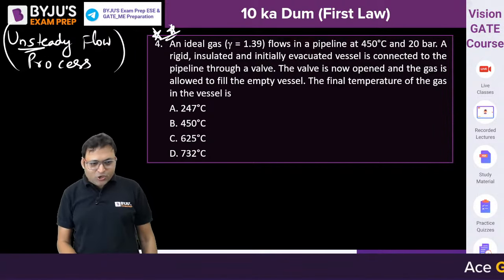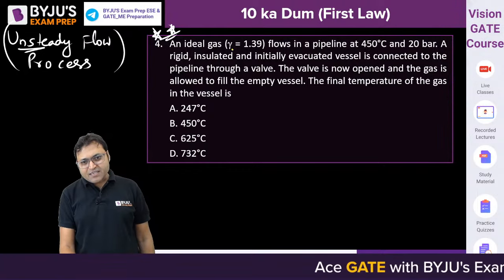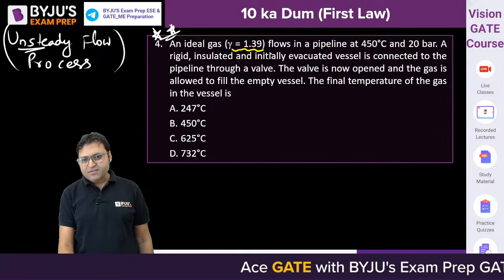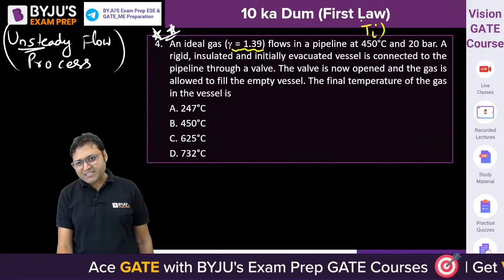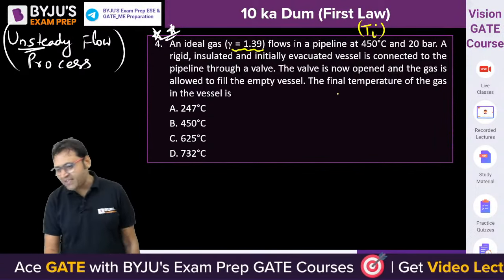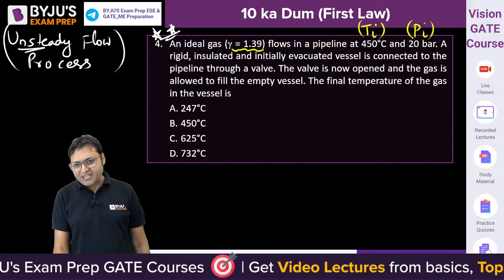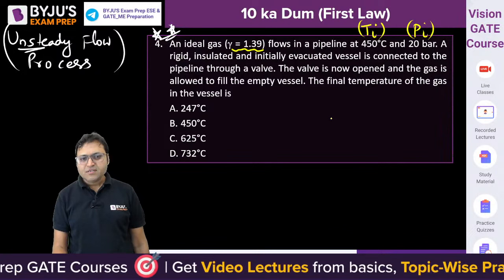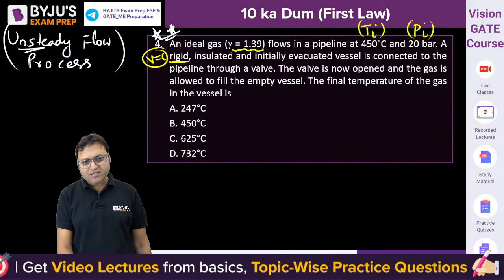If you know the standard result: an ideal gas, gamma is 1.39, flows in a pipeline at 450 degrees Celsius, that is the temperature in the pipeline, let me call it Ti, and 20 bar, that is the pressure in the pipeline, Pi. A rigid, what is the meaning of rigid? Volume is constant.